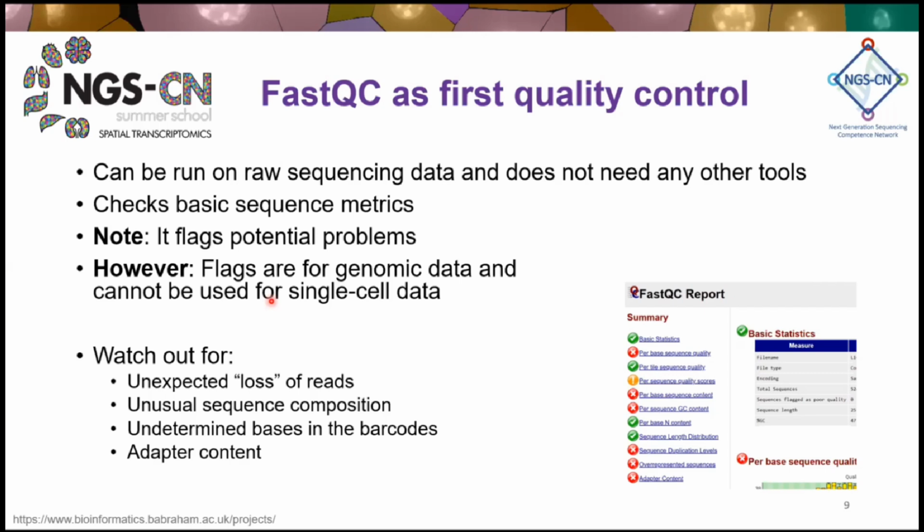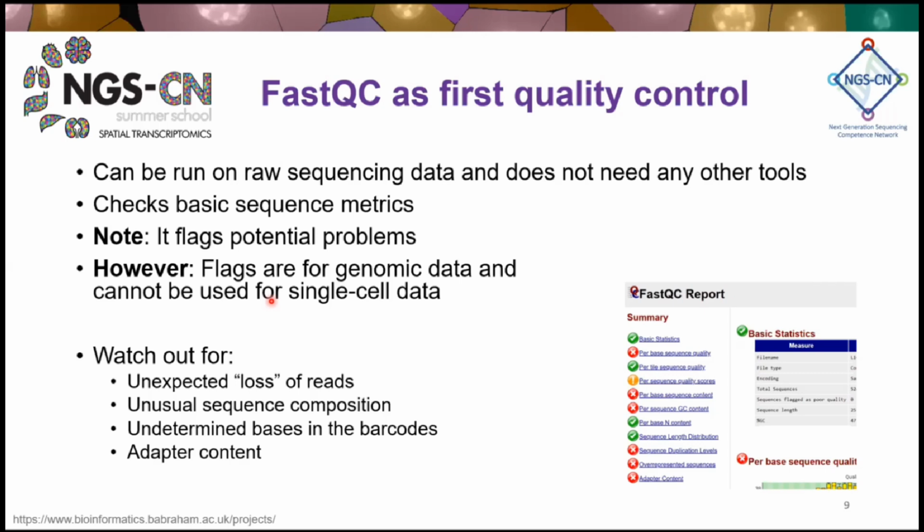So let's say you sequence your target sequencing for 100 million reads. But after sequencing, only, let's say, 1 million reads is obtained by the sequencer. This is typically an indication that the library has some problems because typically in the sequencing facility, they are pretty good at targeting read amounts.